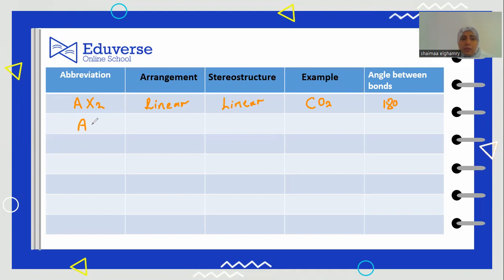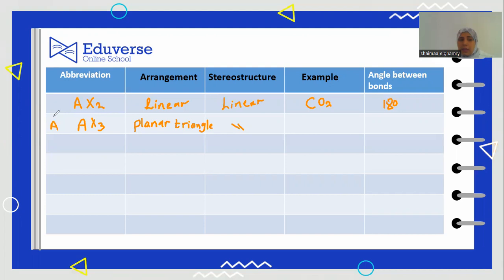Another abbreviation, AX3. Its arrangement is planar triangle. Its stereostructure is also planar triangle, the same, because it doesn't have a lone pair of electrons.